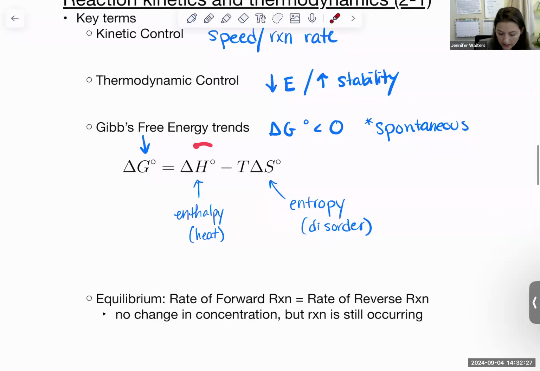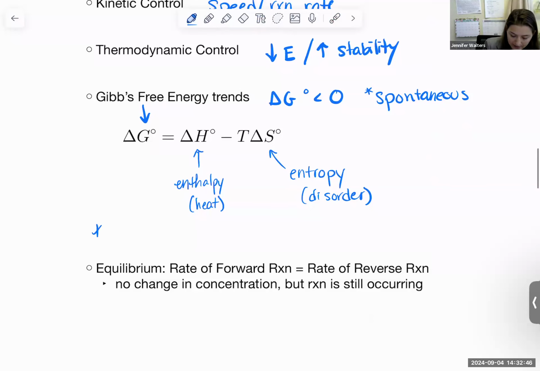So a big thing in Gen Chem 1 was talking about enthalpy, calculating enthalpy. That's where you had like the coffee cup calorimeter, all that stuff was enthalpy, the heat of the reaction. In Gen Chem 2, that's when you were introduced to entropy, this concept of disorder, and then how to use the Gibbs free energy equation.